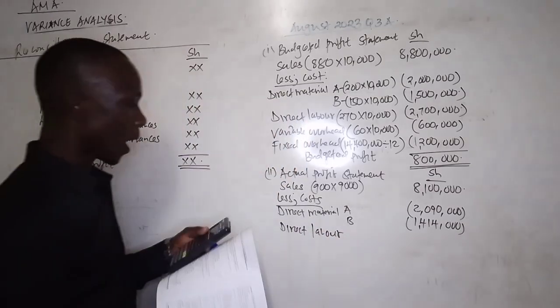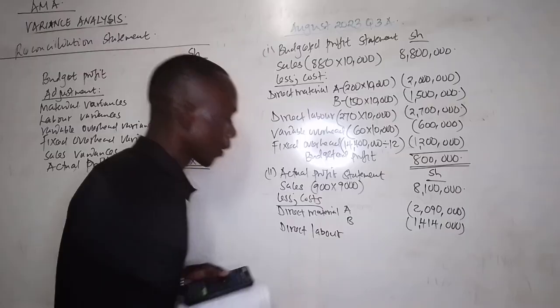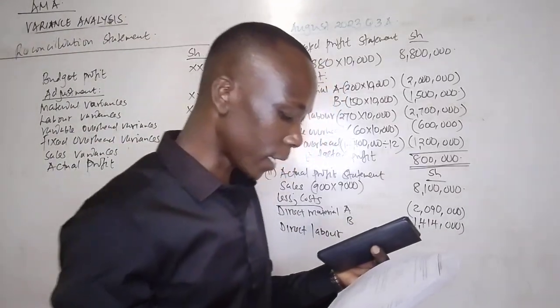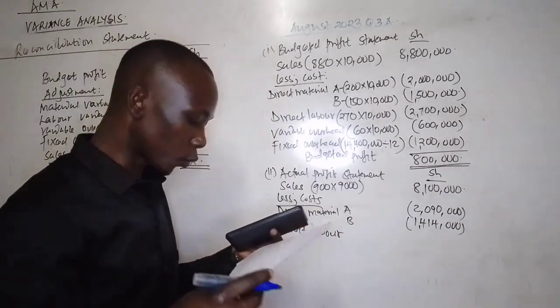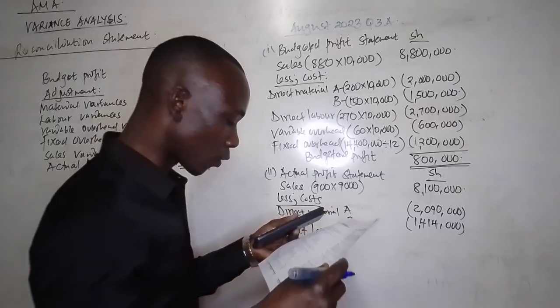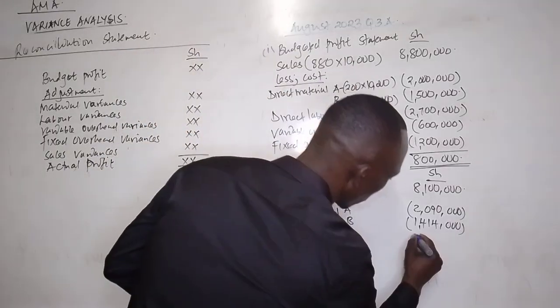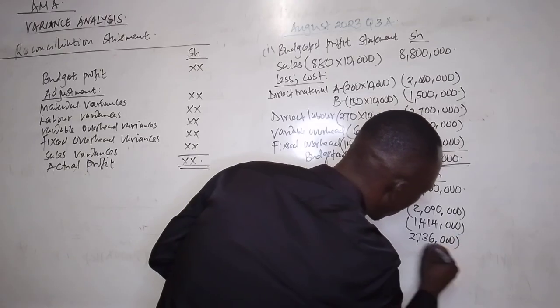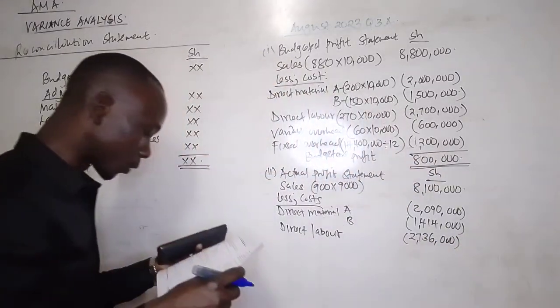Then from there, we can go to direct labor. For the case of the direct labor, we are told that the direct labor incurred 28,500 hours at a cost of 2,736,000.